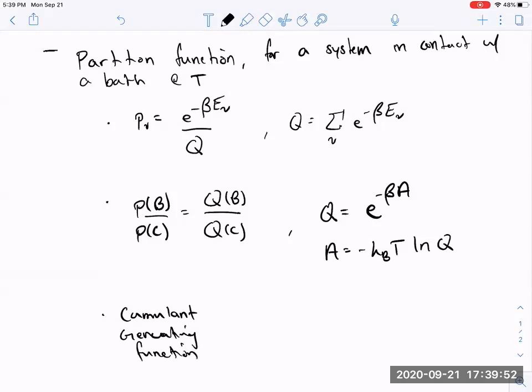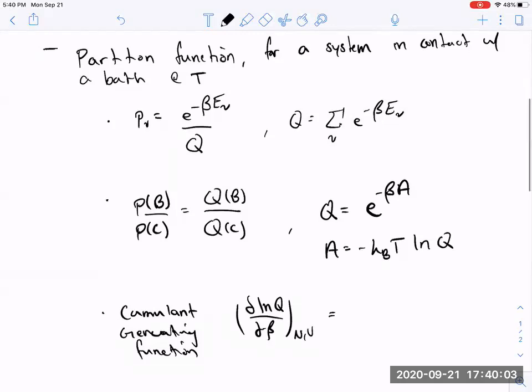That's a fancy way of saying that if I take the derivative of log of Q with respect to minus beta, fixing N and V, the other natural variables of Q, we will have computed the average energy of the system.